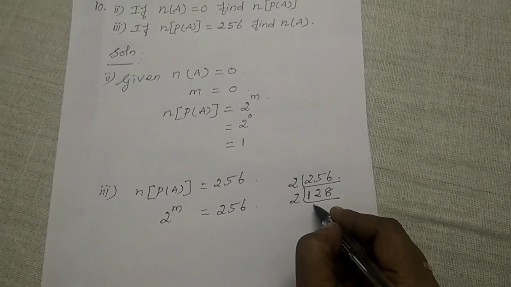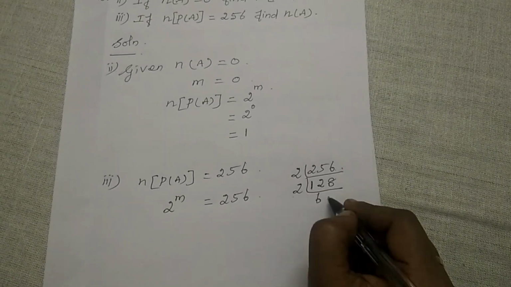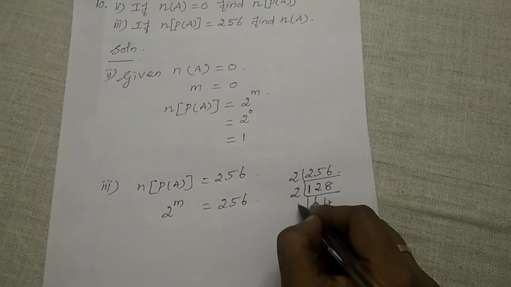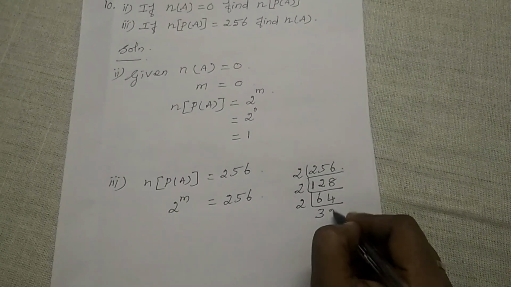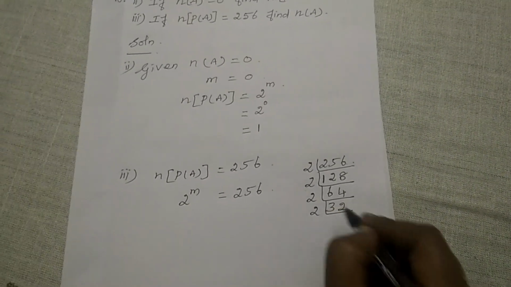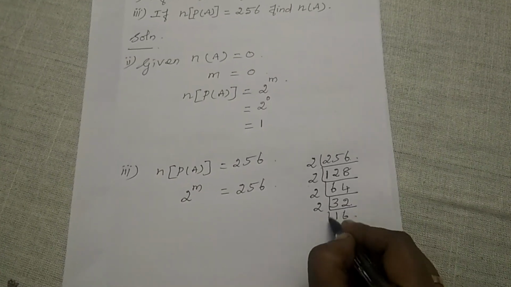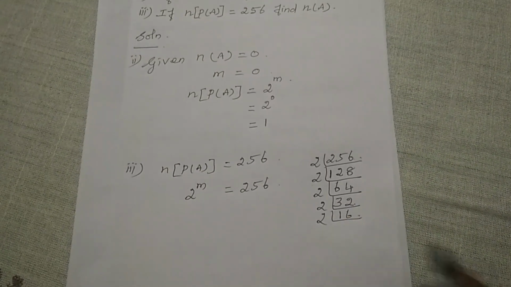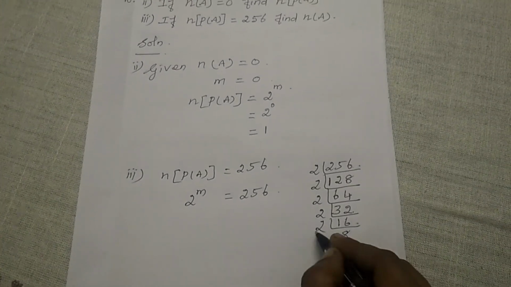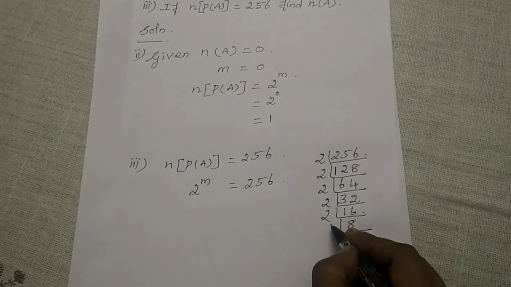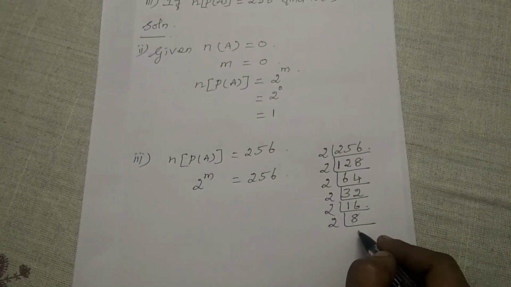Then 6, then 4, then 3, 2, then again the second table. 1 time, then 12, 16. Then again the second table, then 8 times. 8 2's are 16.